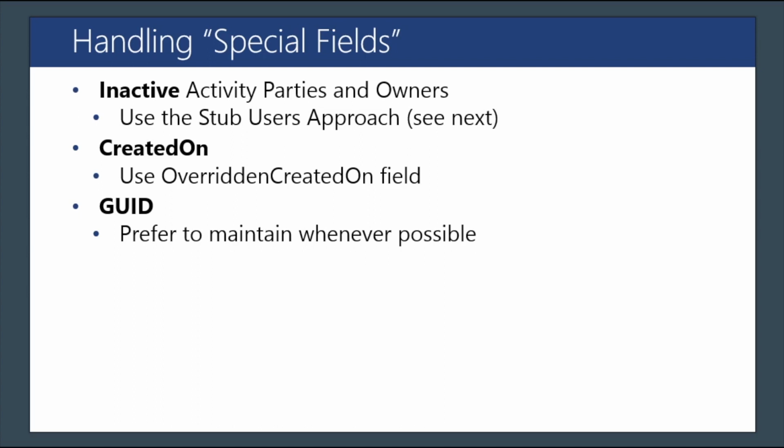In terms of GUIDs, those 32 hexadecimal characters that are in each record in Dynamics, you may want to prefer to keep those, in the sense that if you map that field, it will prevail when it's created in the destination. Or if you're really unsure, or you suspect a lot of things were done in the on-premise database, and you don't want to play too much with GUIDs, you prefer not to.